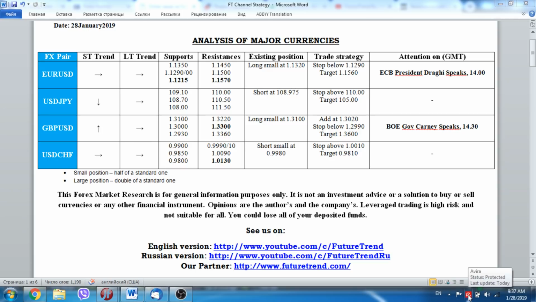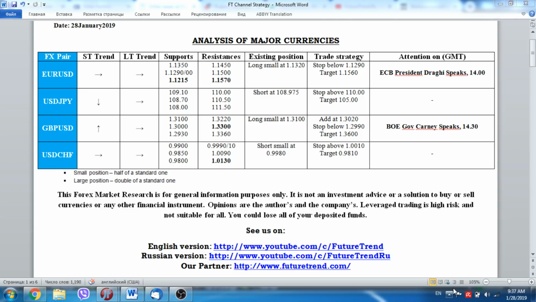As regarding today, we suggest that market participants should concentrate their attention around the Federal Open Market Committee meeting scheduled for this week, which should take place on January 29 and 30.